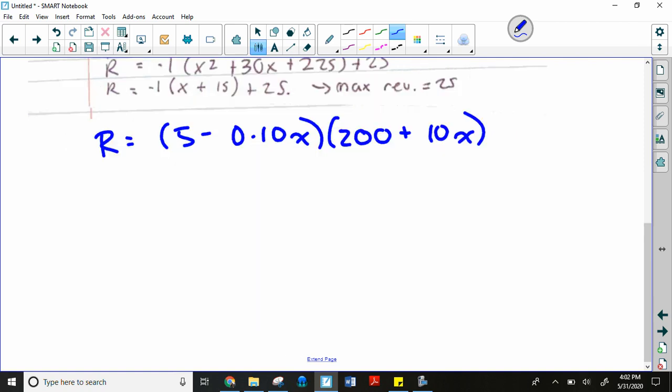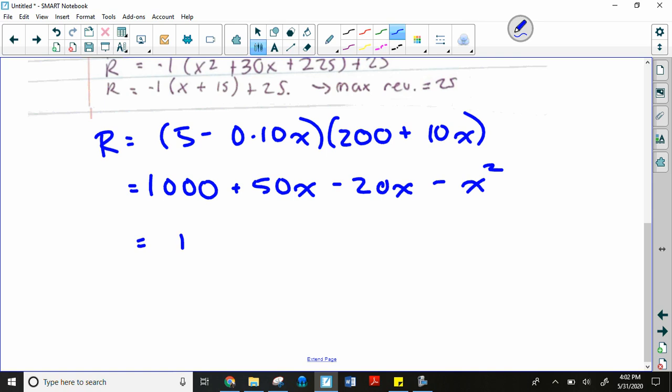Okay, FOIL. 5 times 200, that's 1,000. You've got 250 written up there. So 1,000 plus 50x. Negative 0.1 times 200 is negative 20. And then that's going to give us negative x squared.